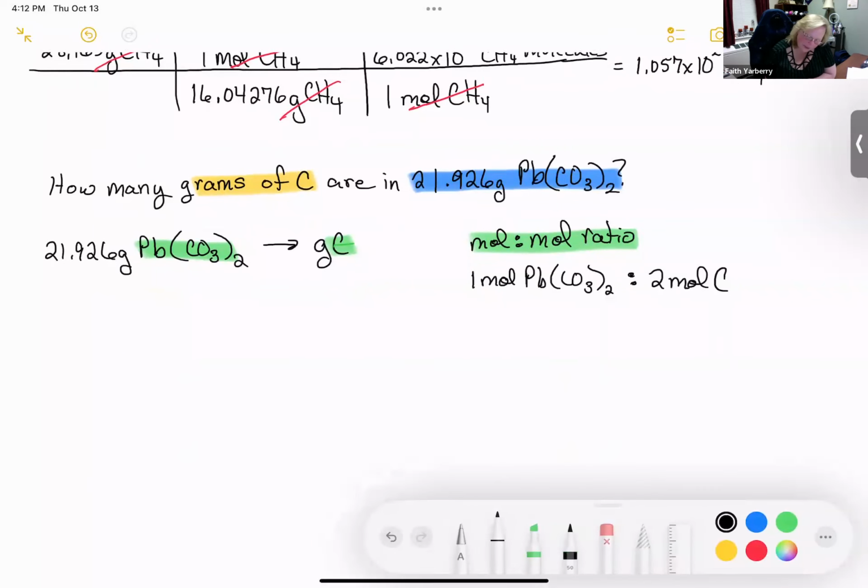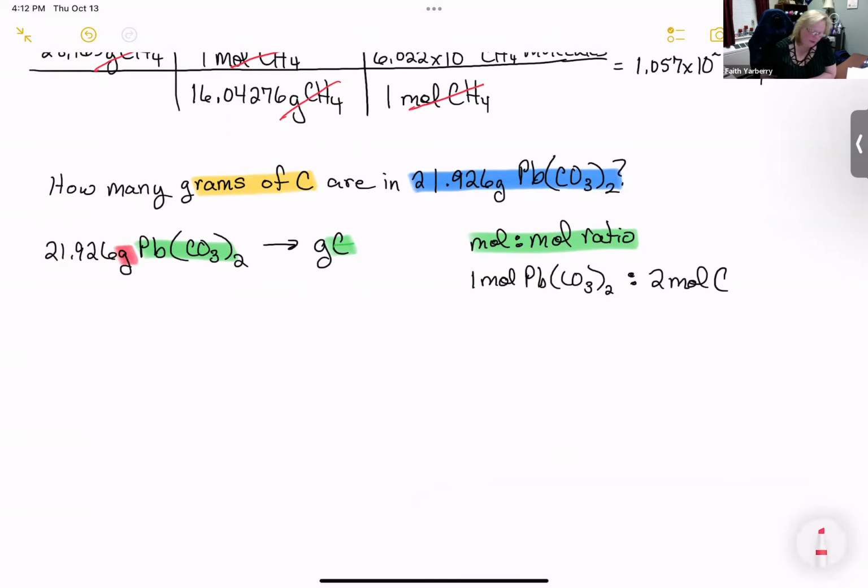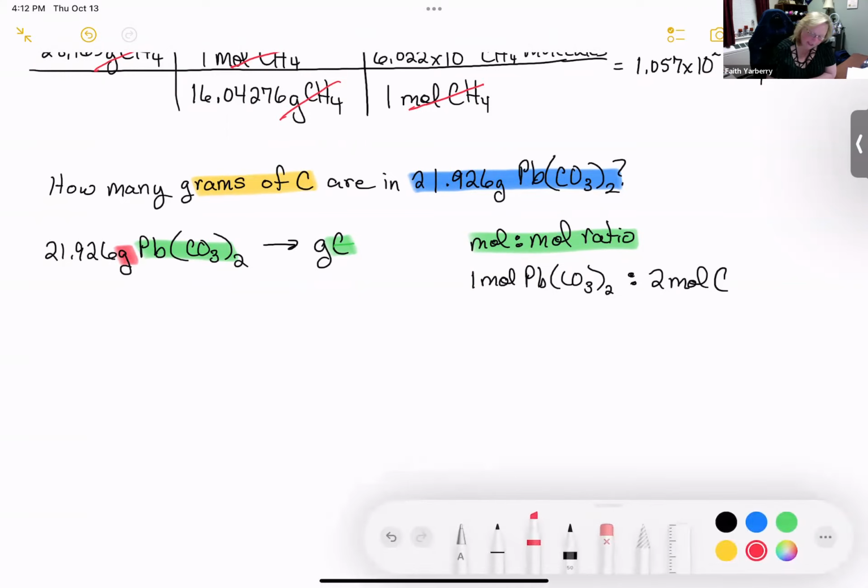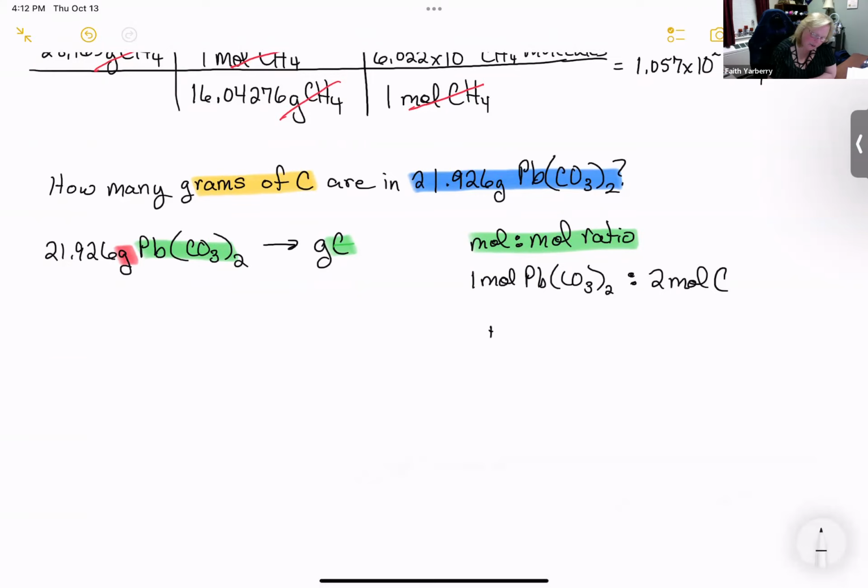The next thing I notice is that I'm going to need grams of lead 2 carbonate. Anytime I see the term grams, that means that I'm going to need to use the molar mass.